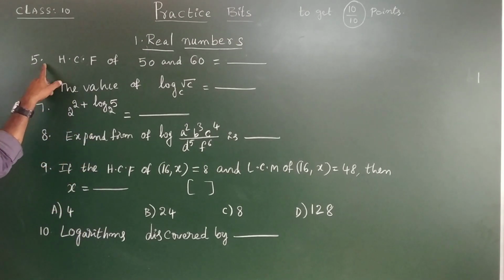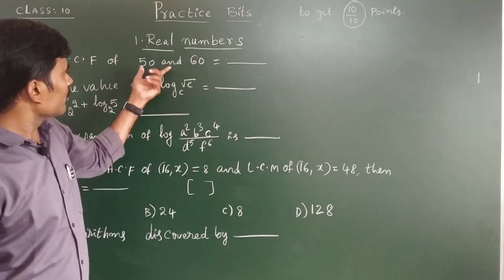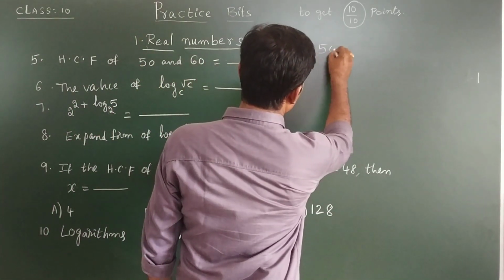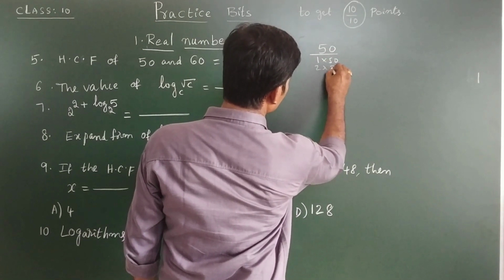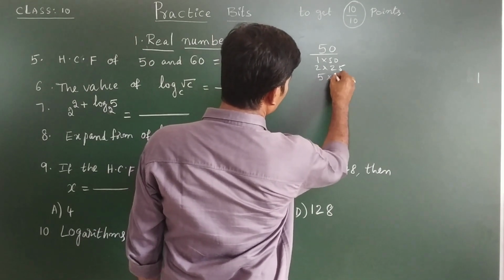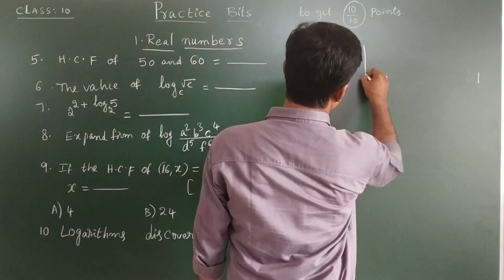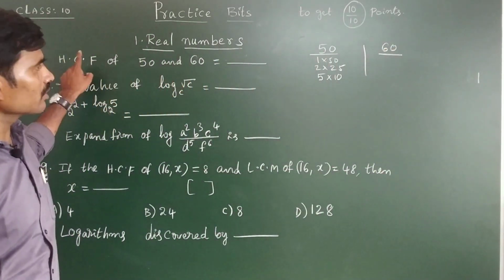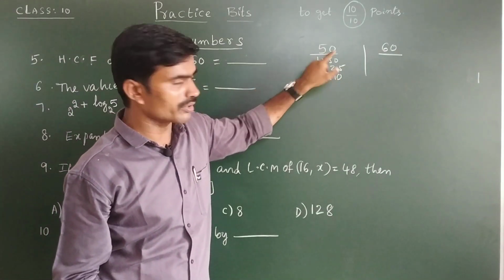Fifth bit is HCF of 50 and 60. Let us write the factors. 50 factors: 1 50s are 50, 2 25s are 50, 5 tens are 50. And come to the 60, HCF, highest common factor. These are the factors of 50: 1, 2, 5, 10, 25, 50.